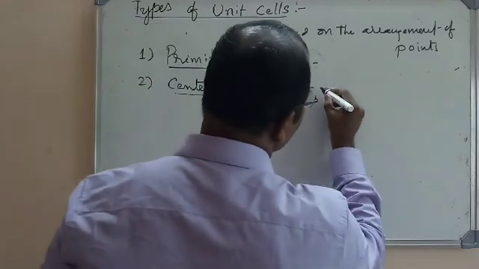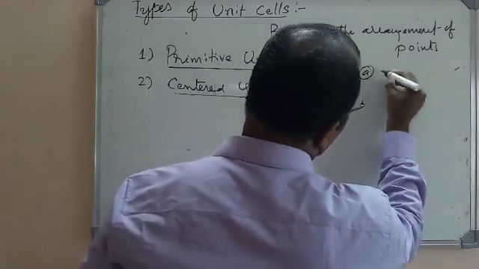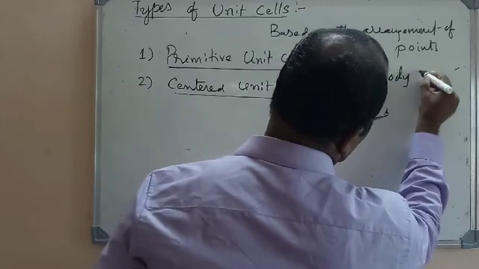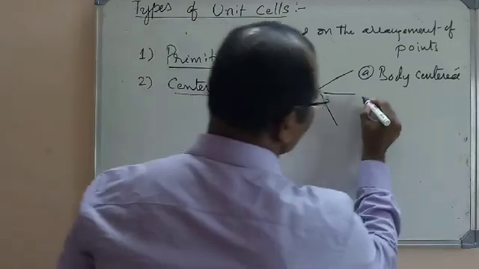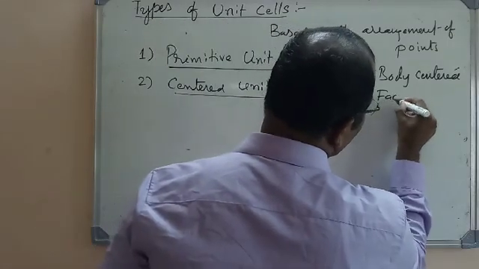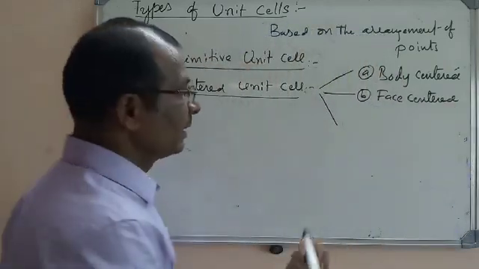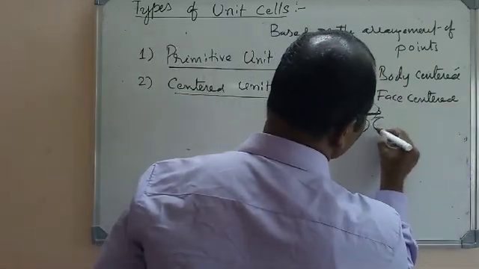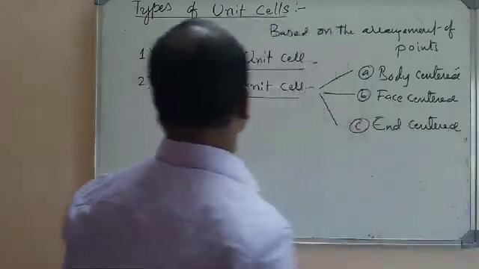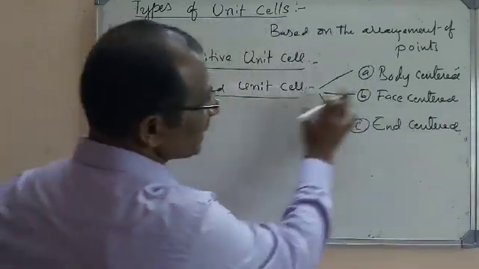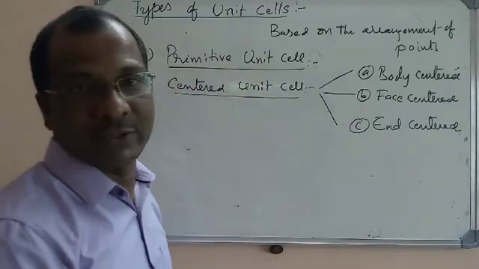But this centered unit cell will be again divided into three types. One is body centered unit cell. Second is face centered unit cell. And the third one is end centered unit cell. So there are three centered unit cells. I will tell you what is meant by centered unit cell and what is meant by primitive unit cell.